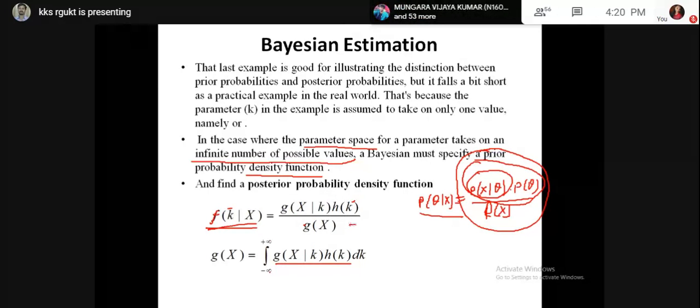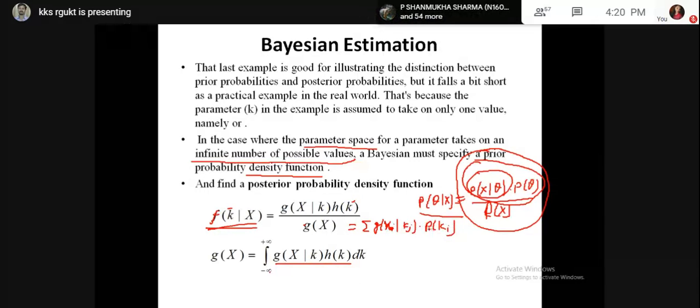In the discrete case, this can be written as the sigma of probability of x given ki multiplied by probability of ki.